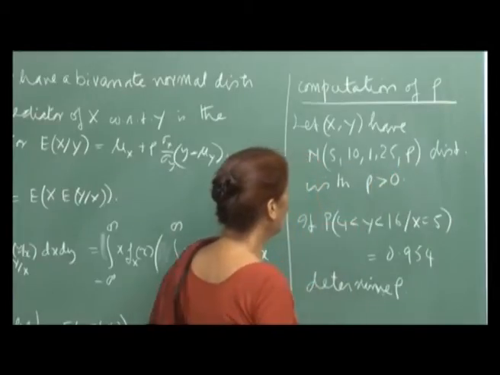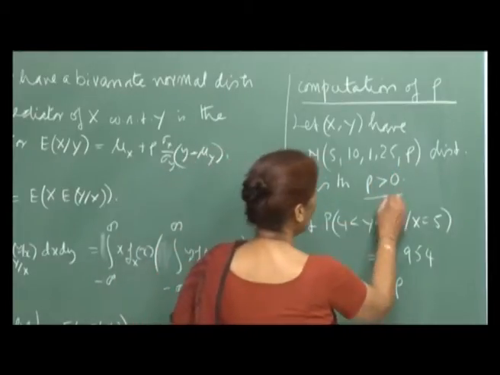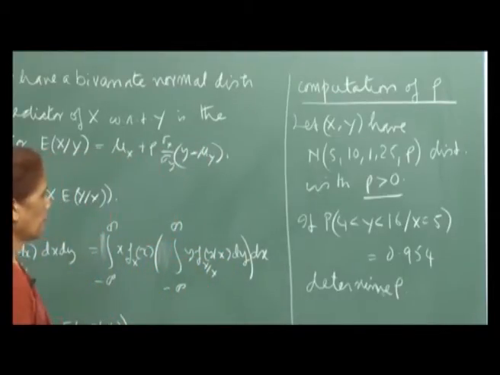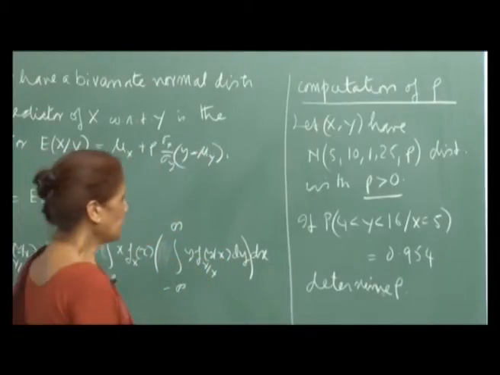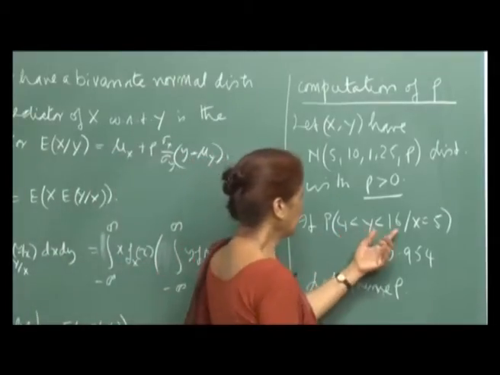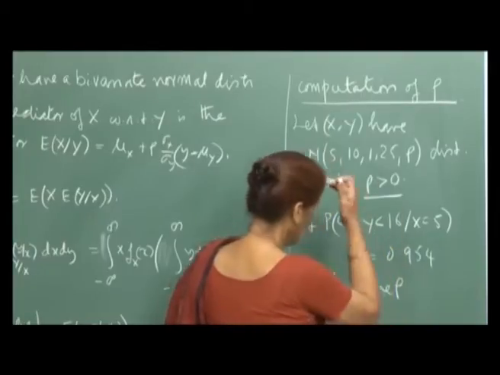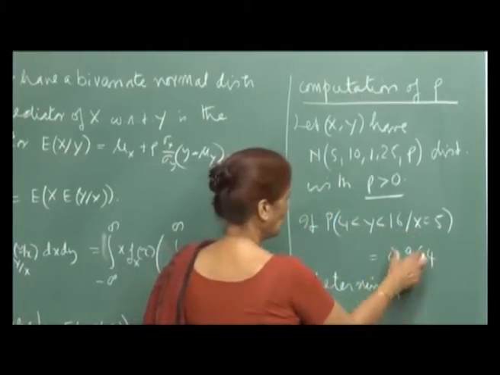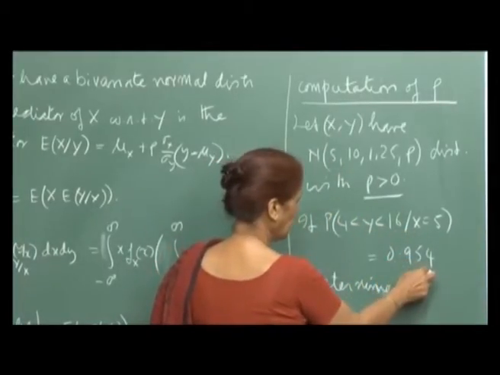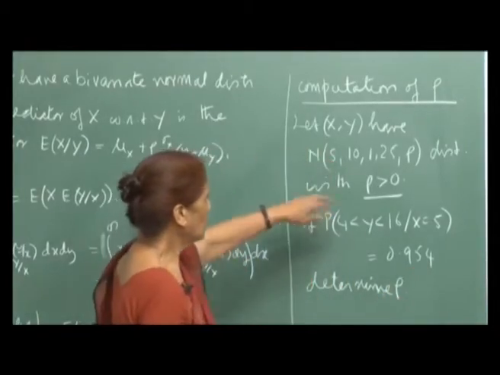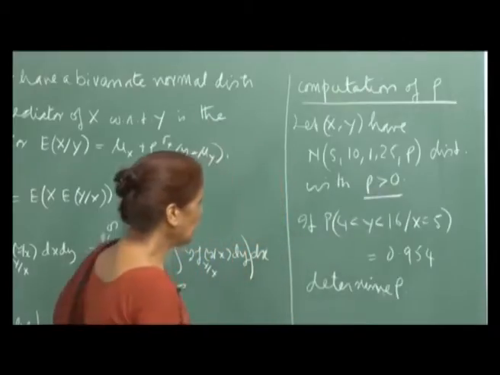And you are given that rho is greater than 0. You have to find the conditional probability of y between 4 and 16 given x is equal to 5. You are given that this probability is equal to 0.954, and you have to determine rho. So, rho is the unknown here, and therefore you want to determine that.